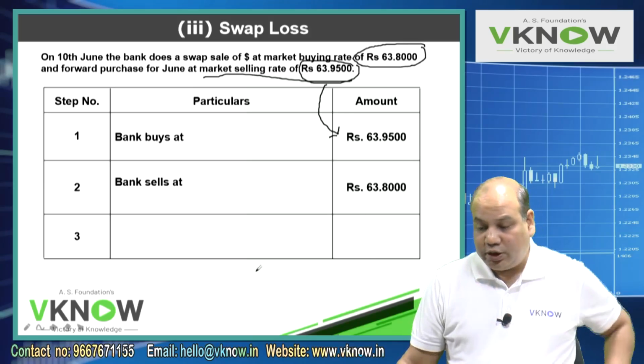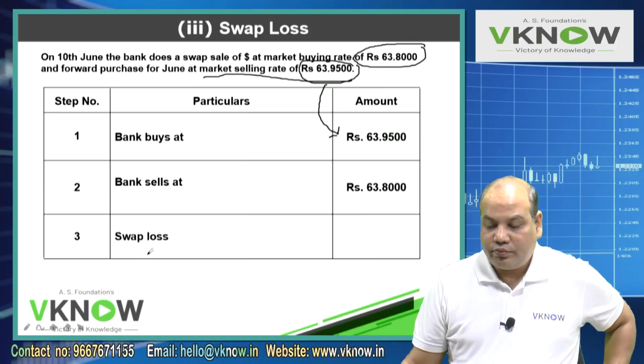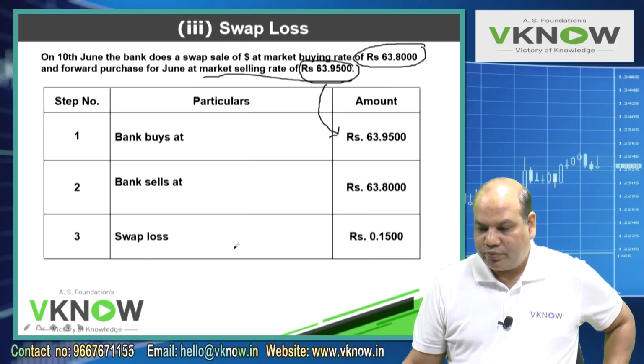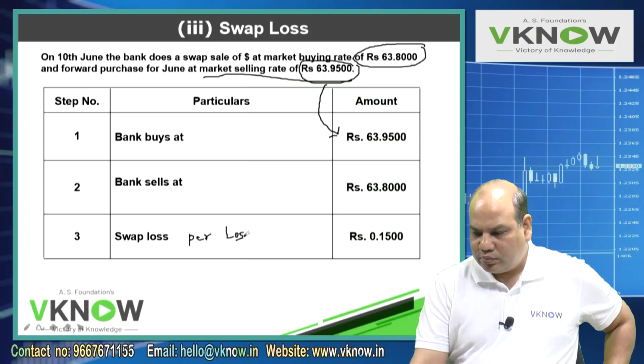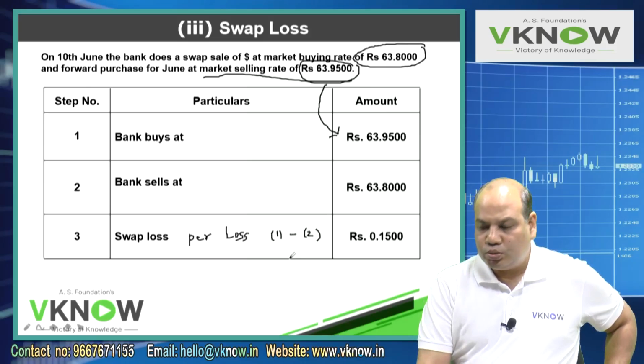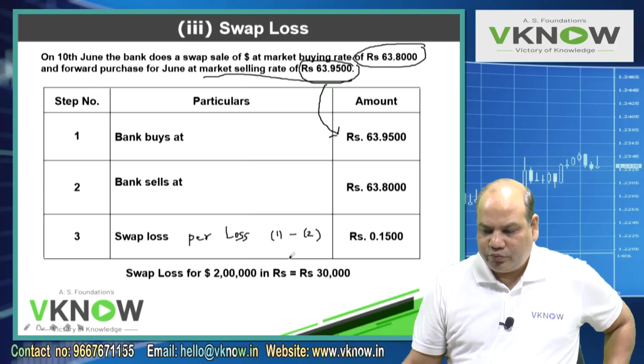So how much loss did the bank suffer per dollar? So swap loss per dollar, point number 1 minus point number 2, is 0.1500.